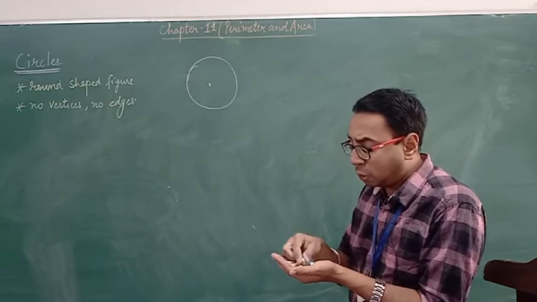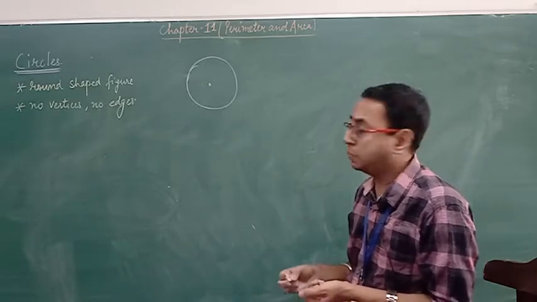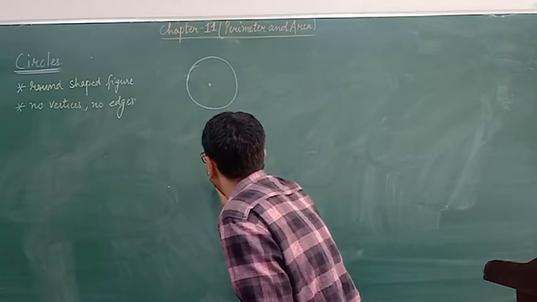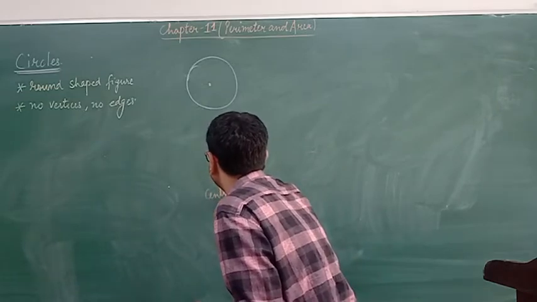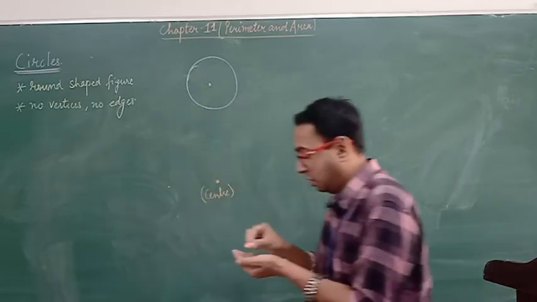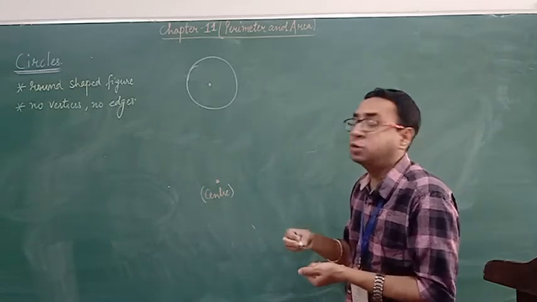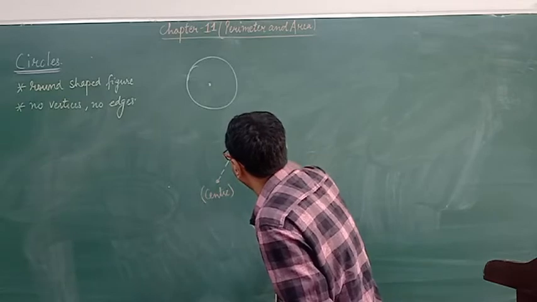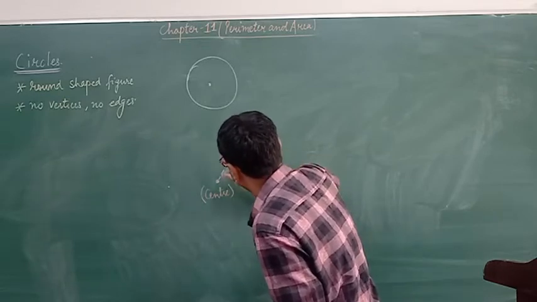First of all, let me do one thing that I'm going to do right now. I'll take one point which is called a fixed point, called the center. From this point, I'm going to draw various points at a fixed distance.